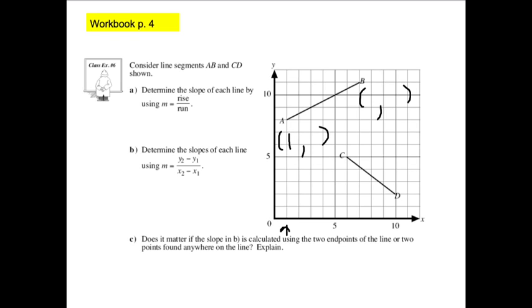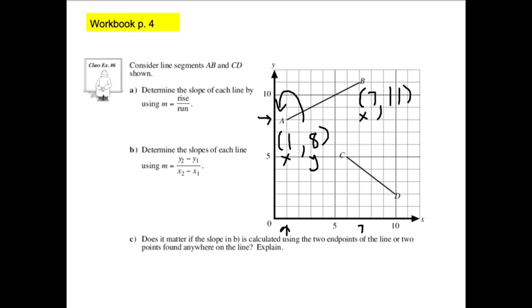Along the y-axis, A is at 8. So that's your coordinate pair for A. For B, your coordinate pair is 7 because it's at 7 on the x-axis, and it will be at 11 on your y-axis. Once you've got all that sorted out, you can fill them into the formula.